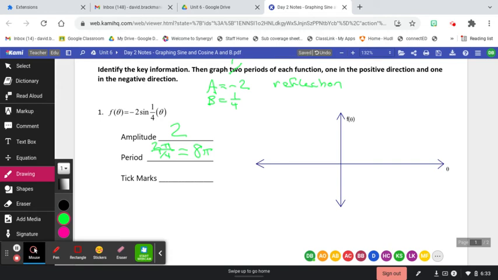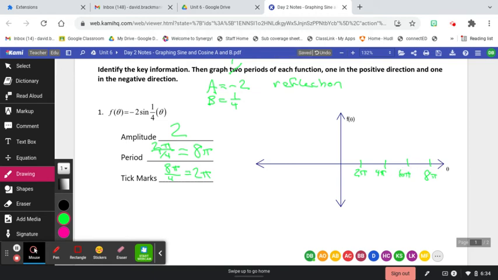Now remember, yesterday we talked about dividing each period up into 4 pieces, and the 4 pieces represent the 4 quadrants. So to figure out how far apart the tick marks are, you just take that period and divide by 4. It should make sense that if we're going all the way to 8 pi, because that's how long the period is now that it's been stretched out, when we divide it into 4 pieces, 2 pi, 4 pi, 6 pi, 8 pi, it kind of makes sense, right?